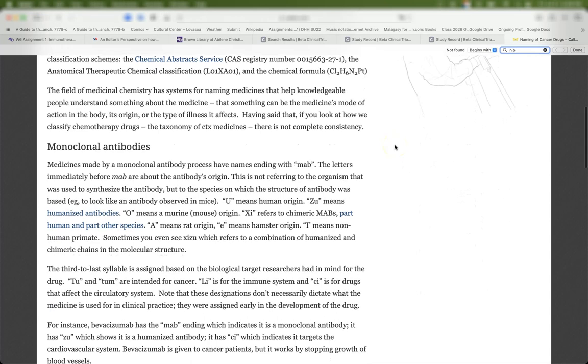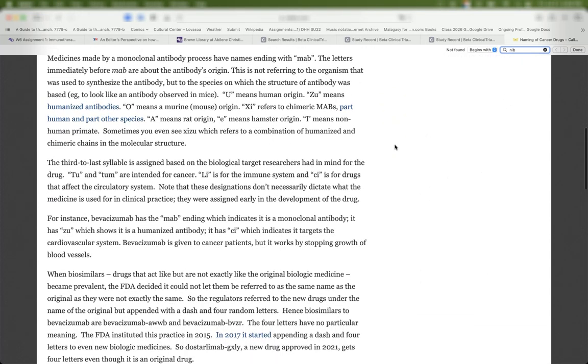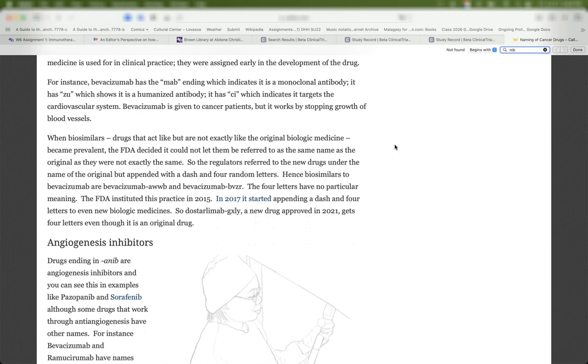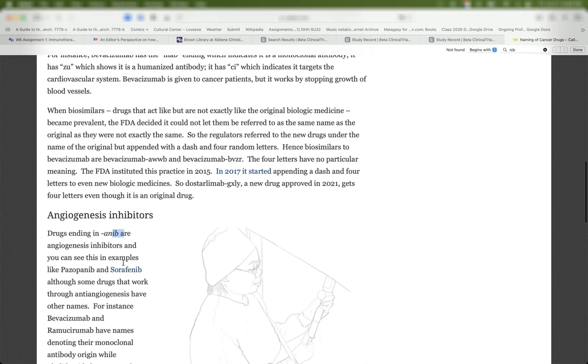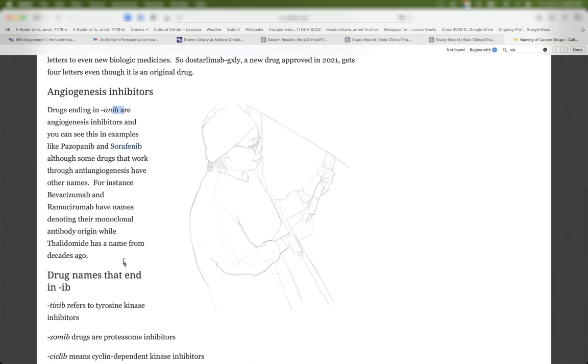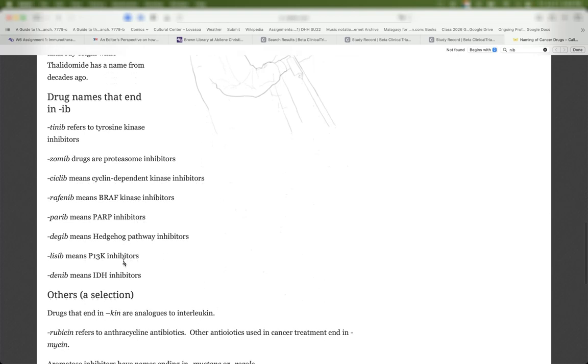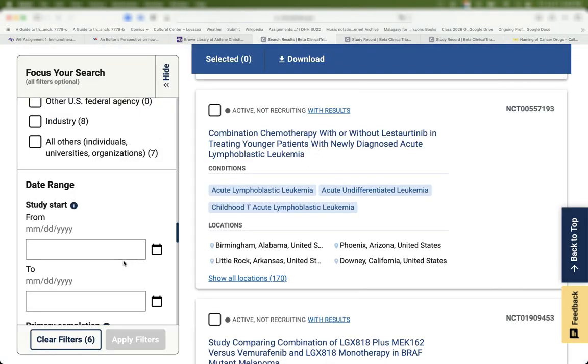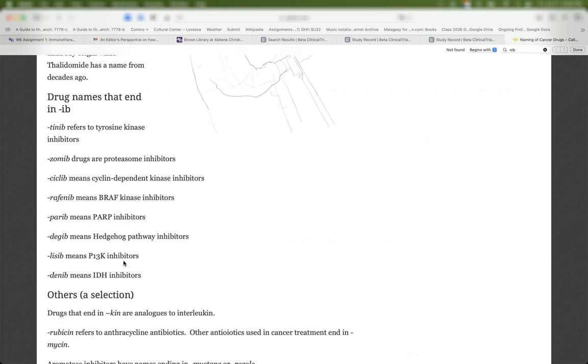So the IB, what does that tell you? Well, the IB gives us an idea that there is something being inhibited. And so let's look at what we have here. Listartanib. So we've got the tinib here, and so that's going to be a tyrosine kinase inhibitor.